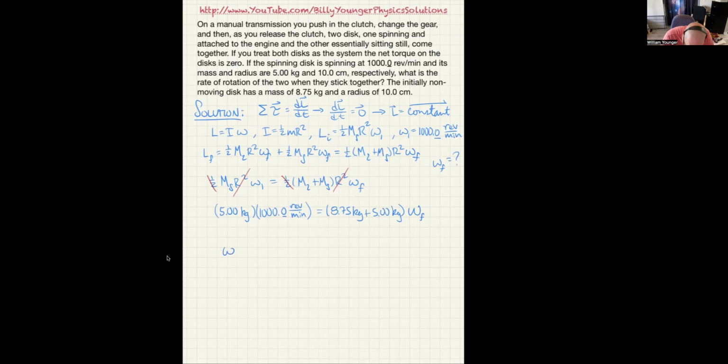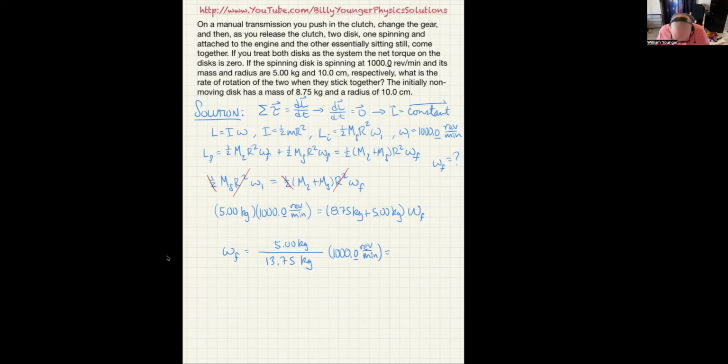So we can find that omega f should equal 5.00 kilograms divided by, if we add 8.75 and 5, 13.75 kilograms. All we have to do now is multiply that by the 1,000.0 revolutions per minute, and you can see automatically the omega is going to come out in revolutions per minute.